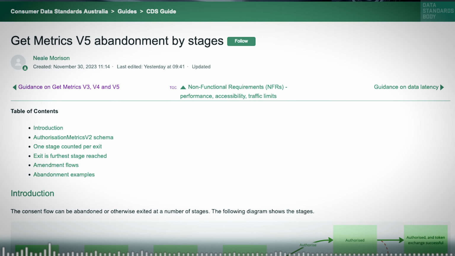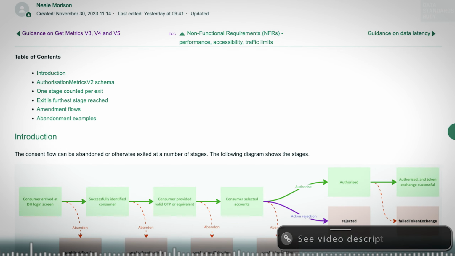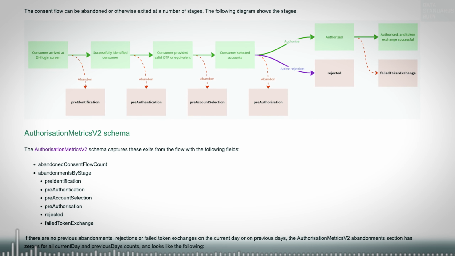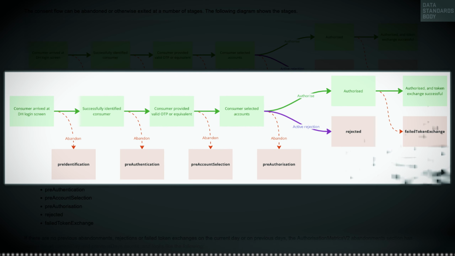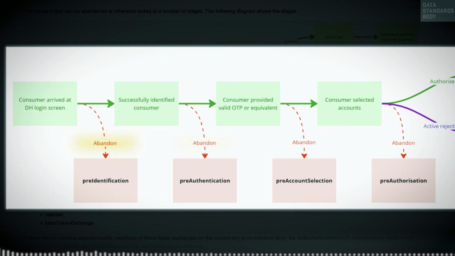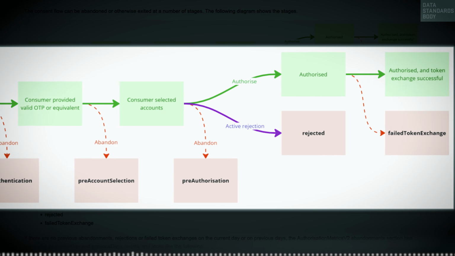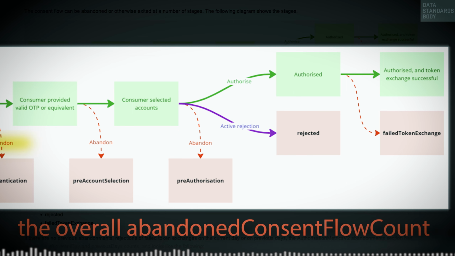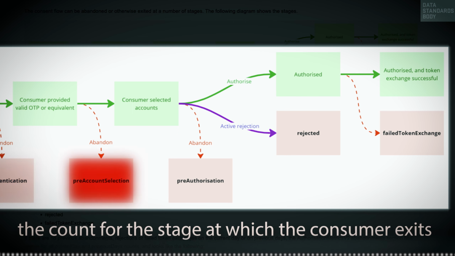The CDS Guide article GetMetrics v5 Abandonment by Stages clarifies the authorization metrics field, abandonments by stage. Where a consumer abandons or rejects a consent flow at a particular stage, the authorization metrics v2 schema captures the exit by incrementing two counts: the overall abandoned consent flow count, and the count for the stage at which the consumer exits.